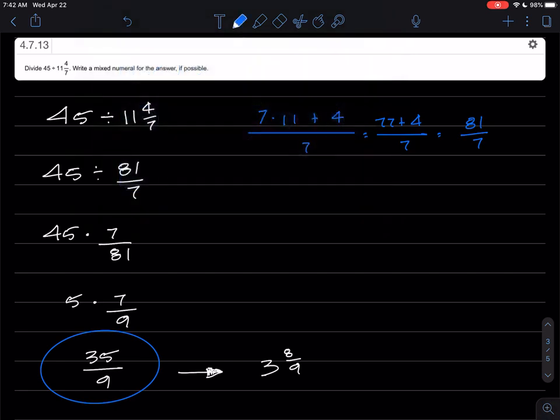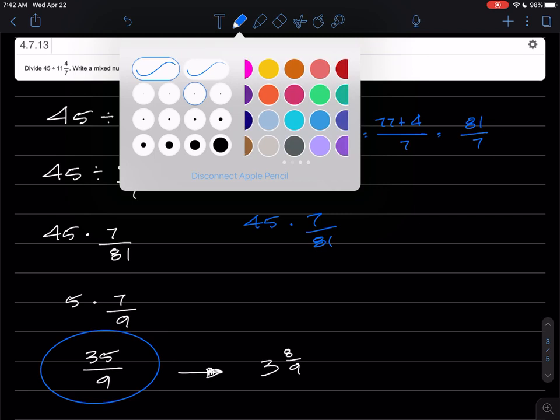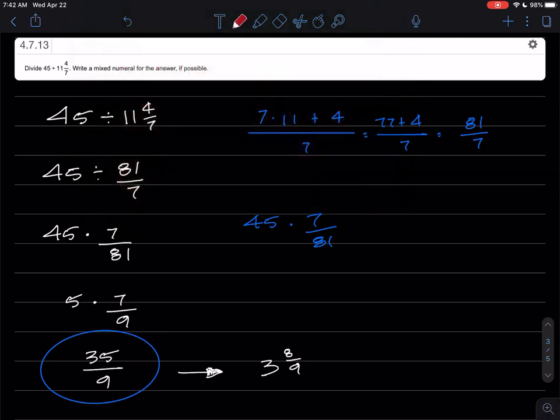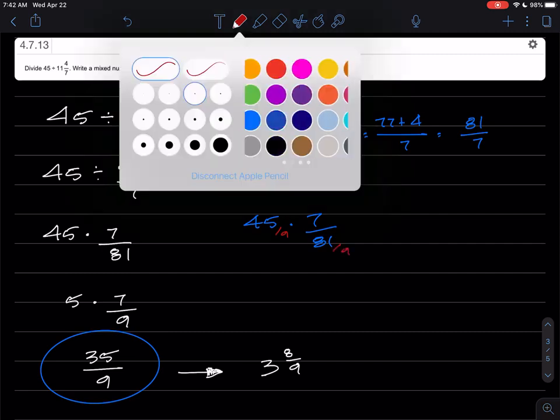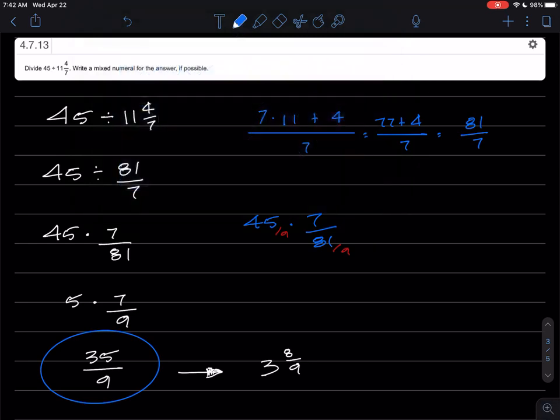Quickly up here, I want to just verify that we get what's going on here. So what I'm going to do is divide that 45 by 9, and in the bottom, divide the 81 by 9. So 45 divided by 9 is 5, and 81 divided by 9 is 9.